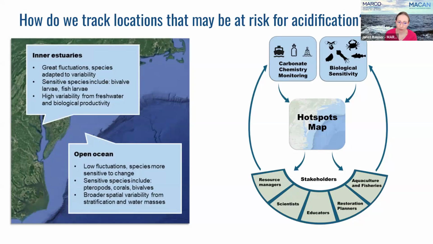Because remember that when we use our coastal zones, we don't just use them for one type of resource. There are many different resources and ecosystem services that our coastal zones provide. So we need to understand a wide range of biological conditions, chemical conditions, and how that's impacting the habitat overall.